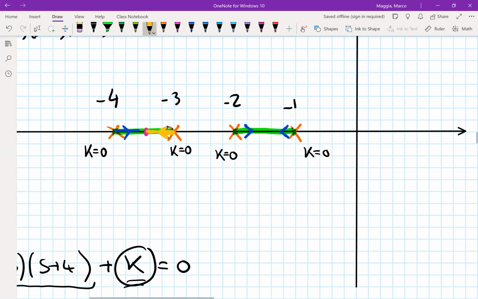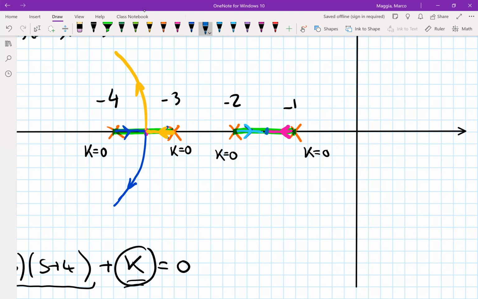So they cannot coexist. Most likely one will go out one way, and the other will go out this way. So they break away from the real axis, and similarly for the other two: one grows to the right, and the other one grows, as k grows obviously, towards the left.